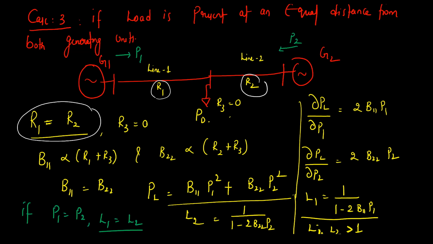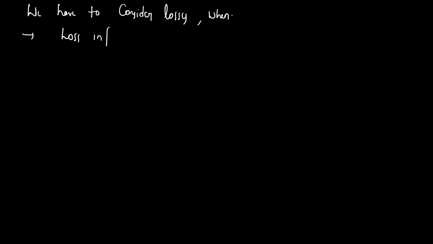Now, when do we have to consider the losses in the question? I'm just giving you a hint. First point, loss information is given. When they give some power loss information, then read the question carefully.